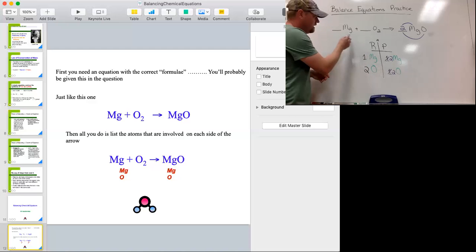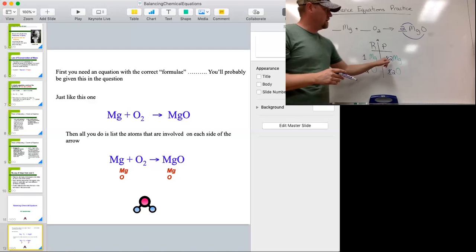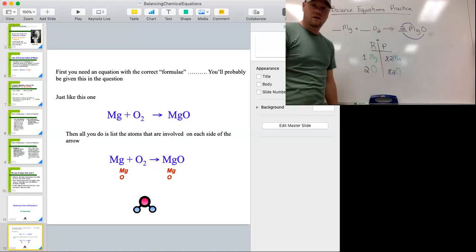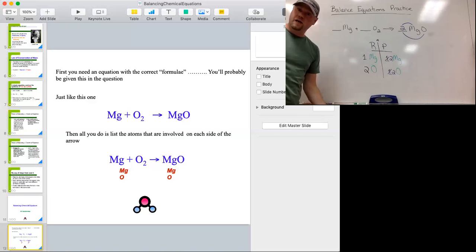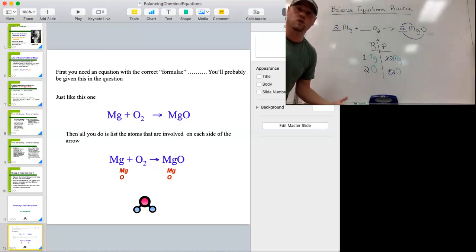We're going to go back over here to this reactant side, and we got to make this magnesium right here have the same number as this magnesium here. So we're going to use this big coefficient again. I'm going to put a number 2 in this first blank, and I am going to distribute it to every element in that group. Guys, there's only one element.